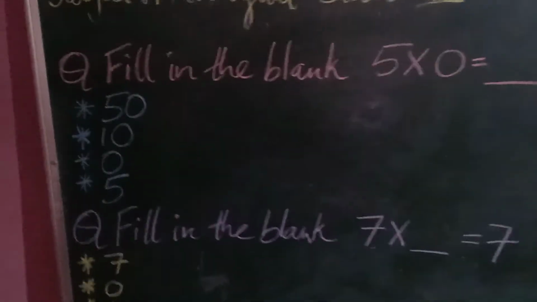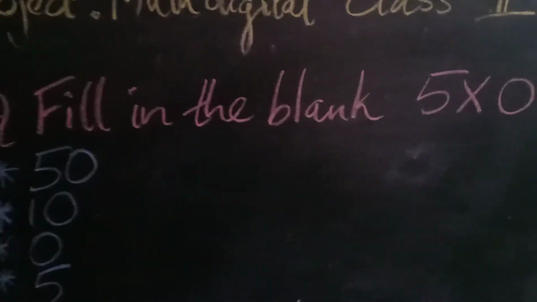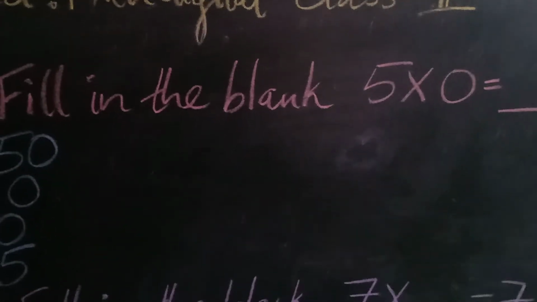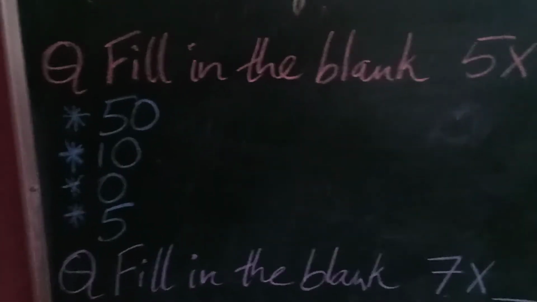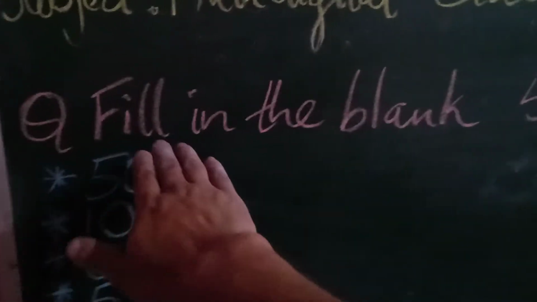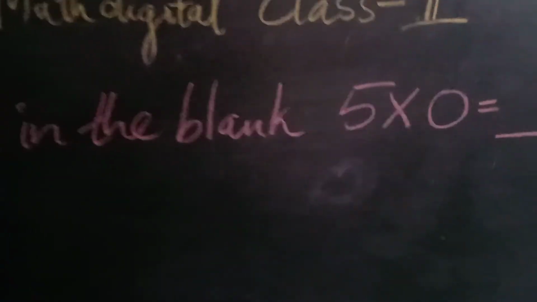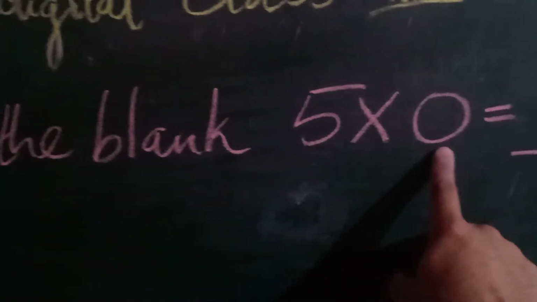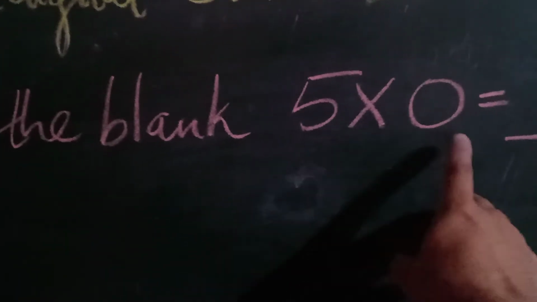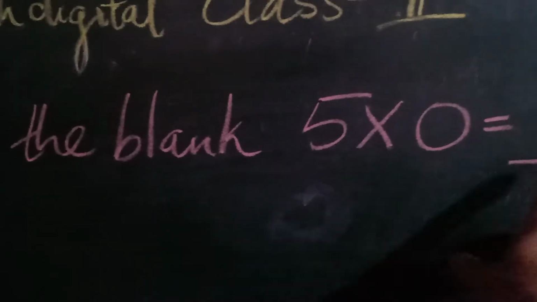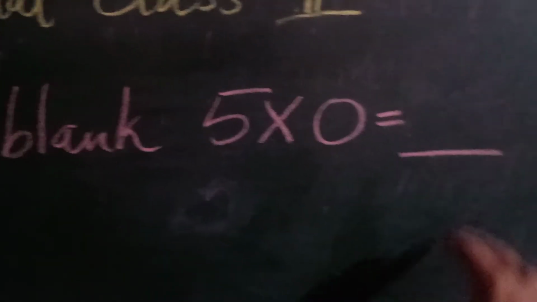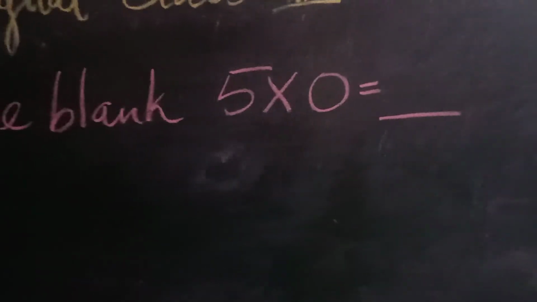In this question we have to fill the empty space with one of the options given here. The question says fill in the blank: 5 multiplied by 0. Anything multiplied by 0 comes to what? I have already taught you in the previous class.